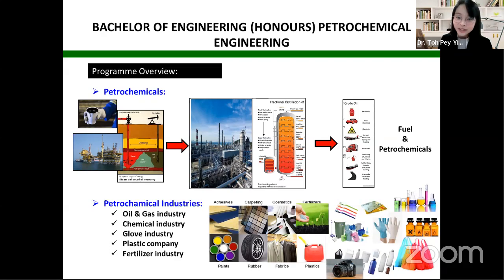We take the petroleum from the ground, but petroleum has no market value without any processing, so we need to process it. We go through the refining process, through fractional distillation, and then the hydrocarbon components of the petroleum will be separated.